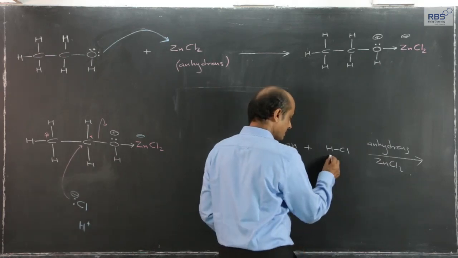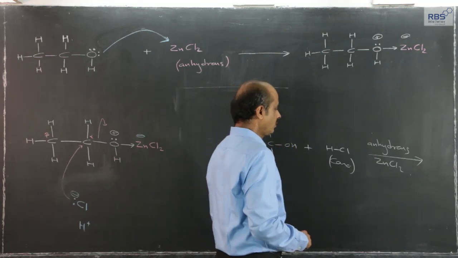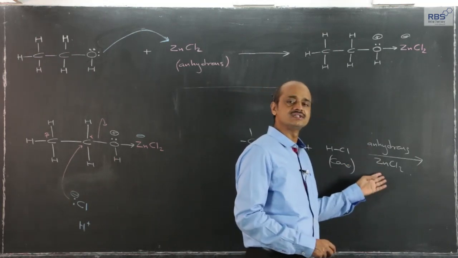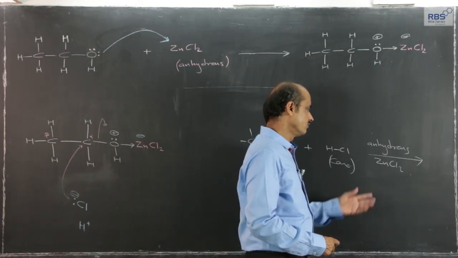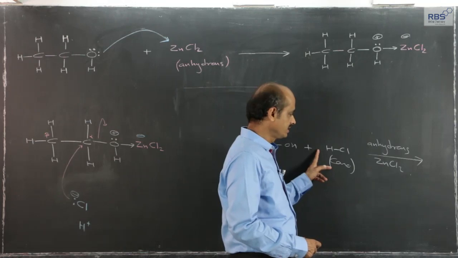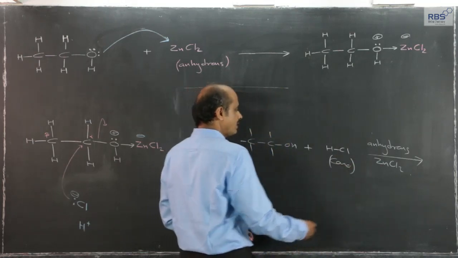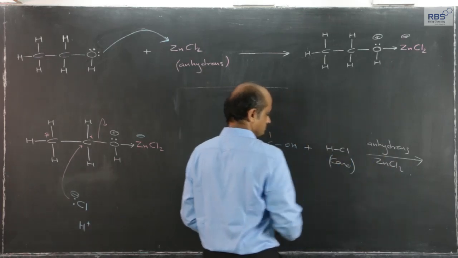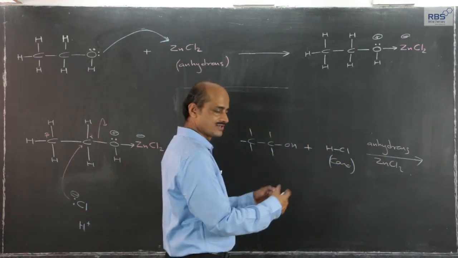Of course, it should be concentrated HCl, or else the meaning of anhydrous ZnCl2 will be of no use. Highly concentrated HCl and anhydrous ZnCl2. So, why do we use anhydrous ZnCl2? That should also be known to us. Now, we will discuss it.